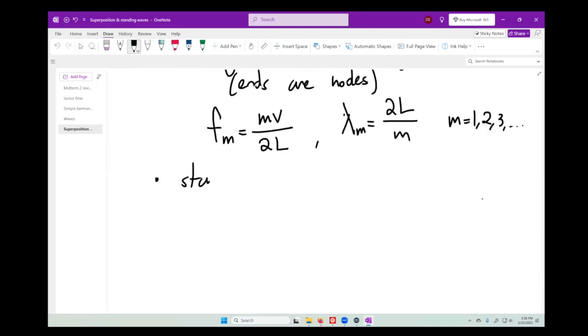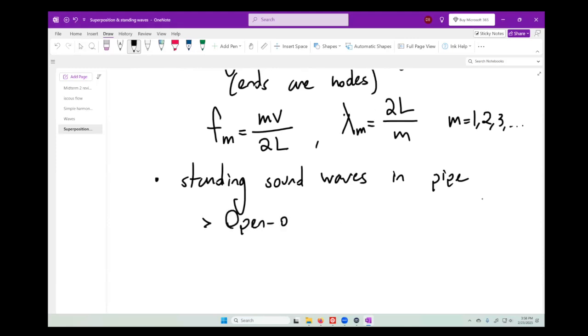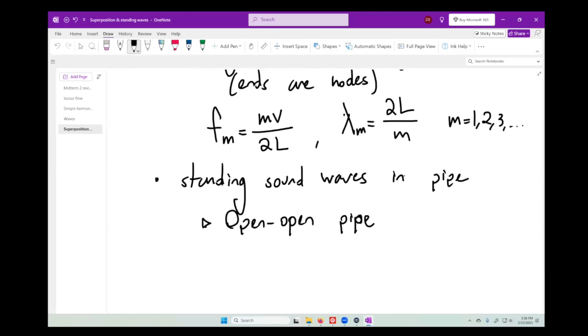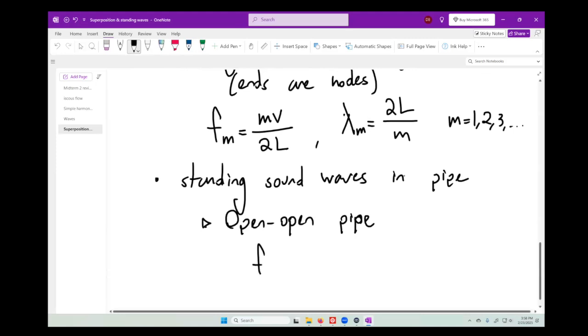We can also have standing sound waves in a pipe. If we have a pipe with two open ends, we call it an open-open pipe, that has the same harmonic content as a string with two fixed ends.